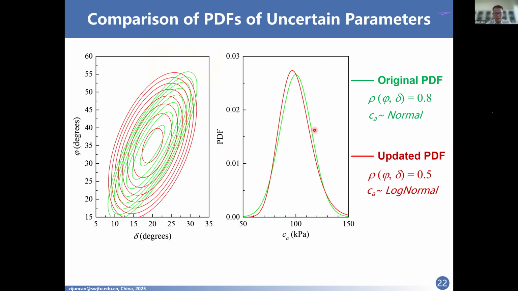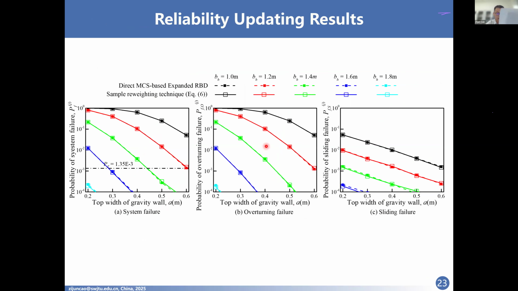For example, the probability distributions of the 3 parameters in the gravity wall example are updated from the distribution in the green line to the distribution shown in the red line. With the generated direct Monte Carlo simulation samples, the reliability updating can be achieved with negligible computational cost.